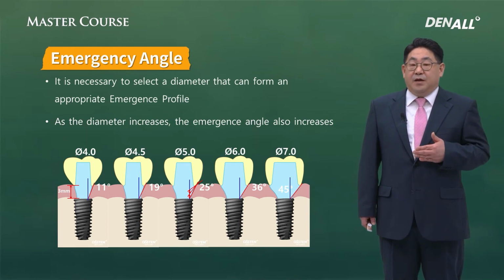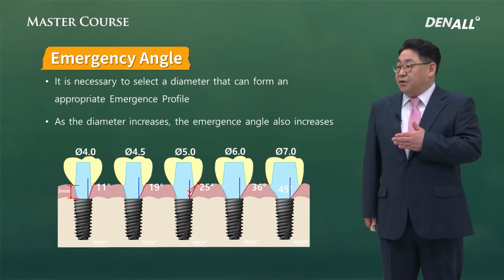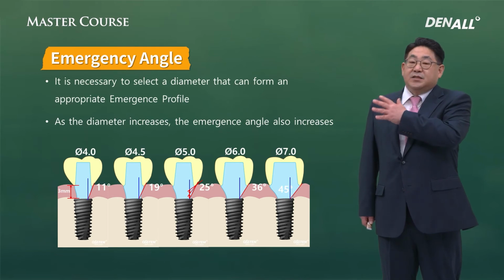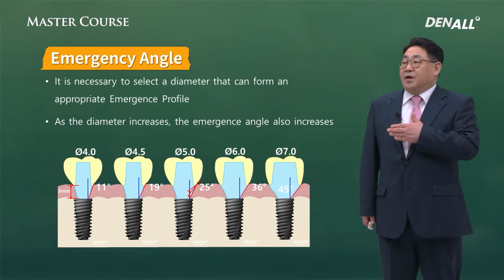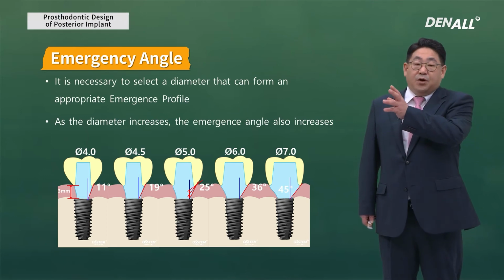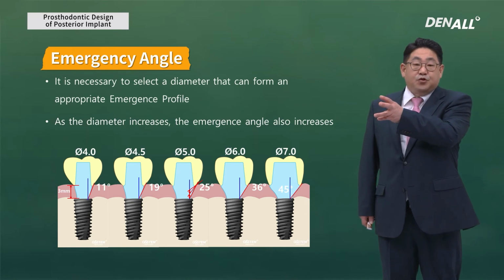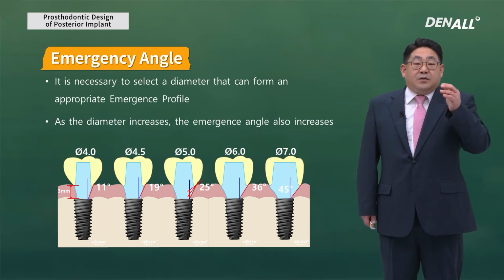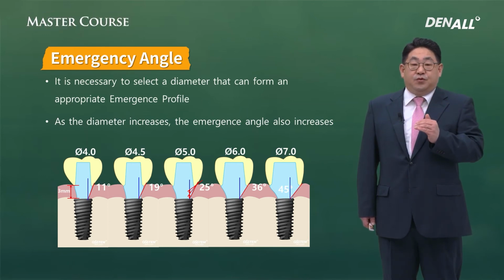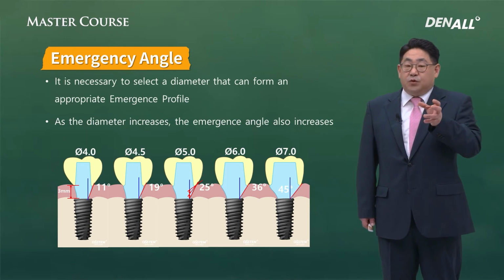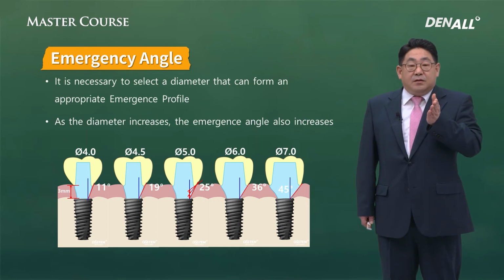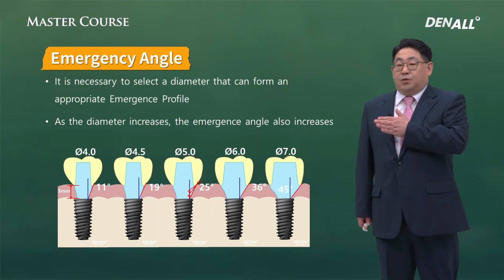If the gingival thickness is 3 millimeter, if you use 7 millimeter abutment, this is 45 degrees, so it is not an ideal abutment. Also, when you use 5.0 diameter abutment, if the gingival thickness changes from 3 millimeters to 2 millimeters to 1 millimeter, even if you use the same 5.0 diameter abutment, the emergence angle changes to 25 degrees, 35 degrees, and 50 degrees.